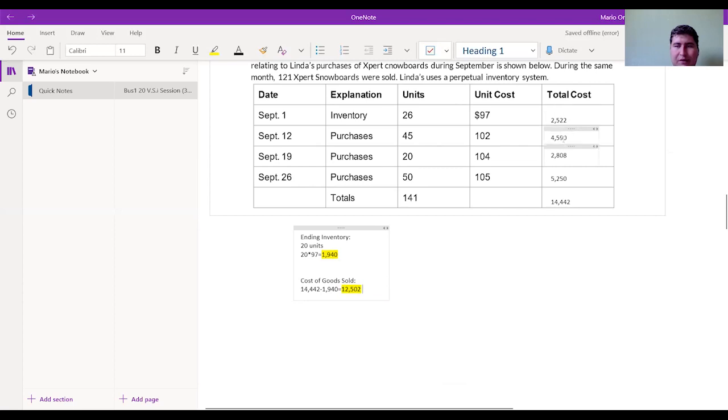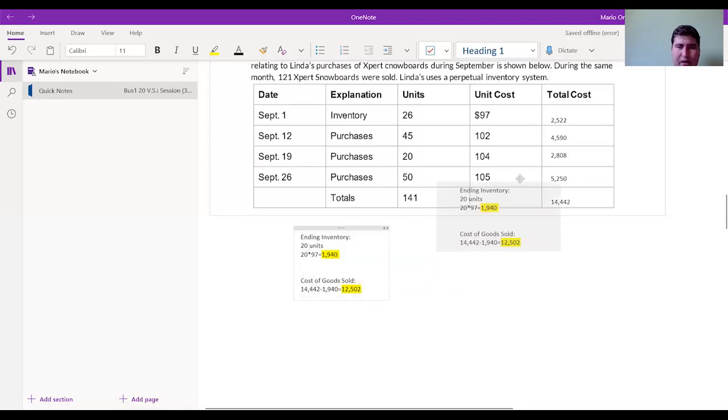We'd use pretty much this whole cost here. And then when we get to this point, we'd have 6 units left, and we'd just use this last 6 units here. And then we'd have the entire cost of goods sold. So we go up through the layers. These whole layers would be used up, and then 6 units from this layer would be used up, and we get our cost of goods sold of 12,502.